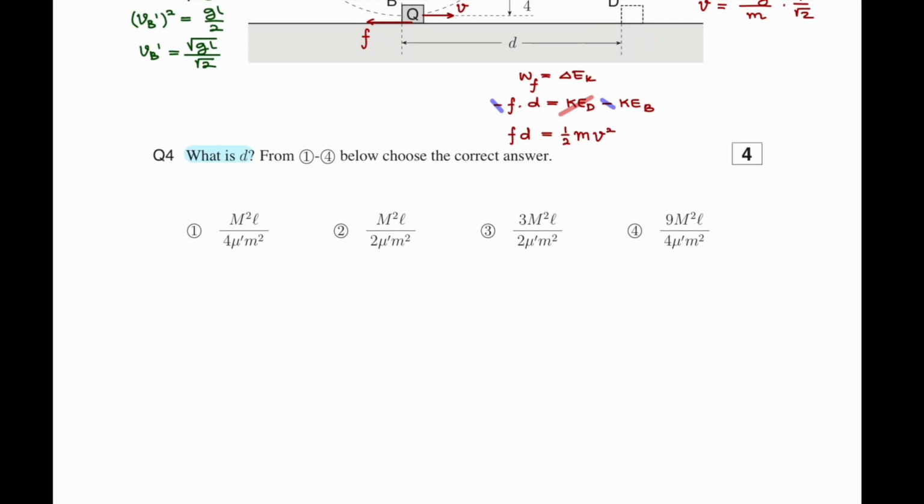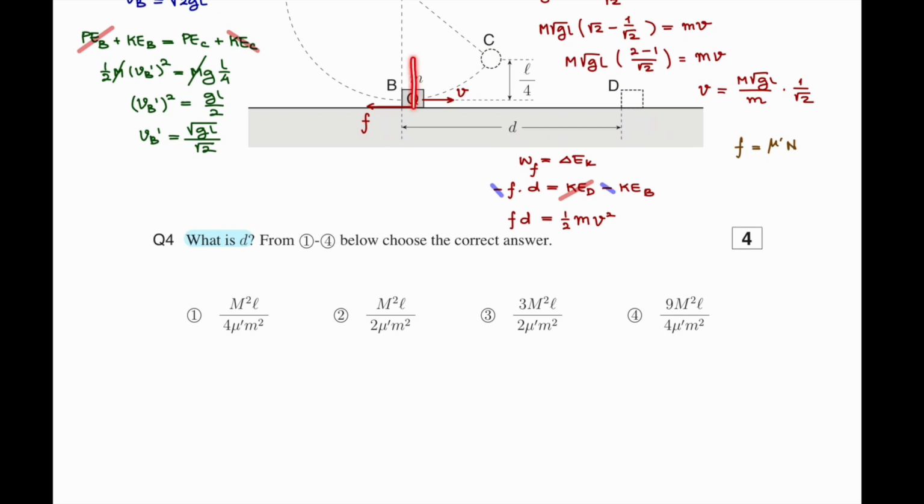As you remember, frictional force F is equals to the coefficient of friction times normal contact force. Normal contact force is going up and the weight of the object is going down. These two forces must be balanced.